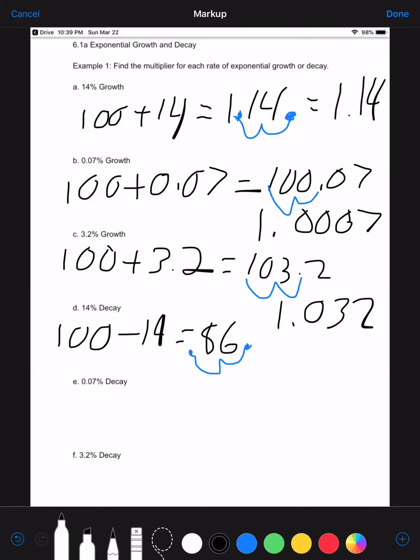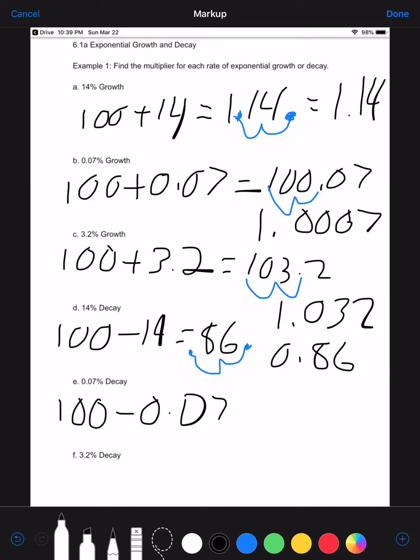It's going to start at the end because there's always an invisible decimal point at the end. Move it over. Our new number is 0.86. Okay? So again, with decay we're subtracting, and you move your decimal place, just like we did with growth.